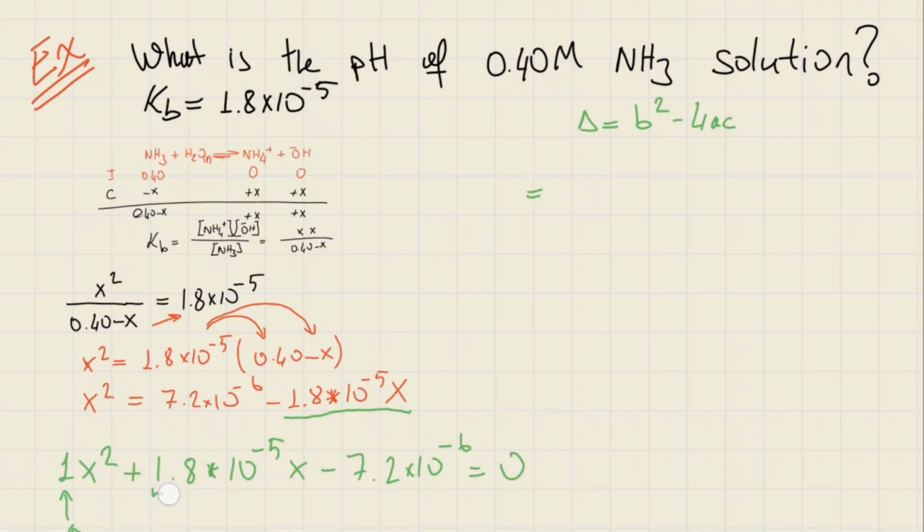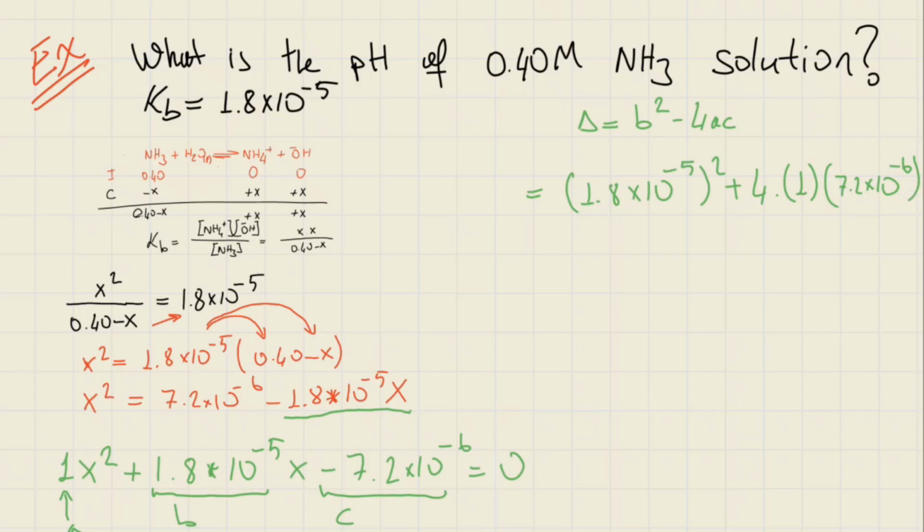This is A, this is B, and this is the C value. So delta equals B squared minus 4AC. B is 1.8 times 10 to the minus 5 squared, minus 4, A is 1, and C is negative, so this becomes plus 7.2 times 10 to the minus 6. So this value equals 2.88 times 10 to the minus 5.